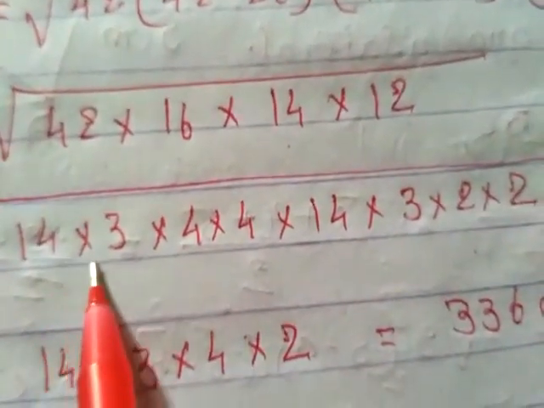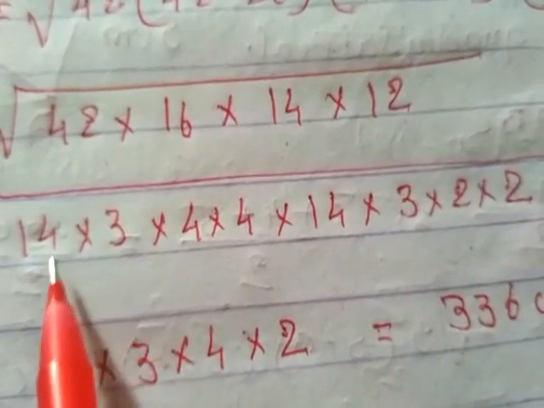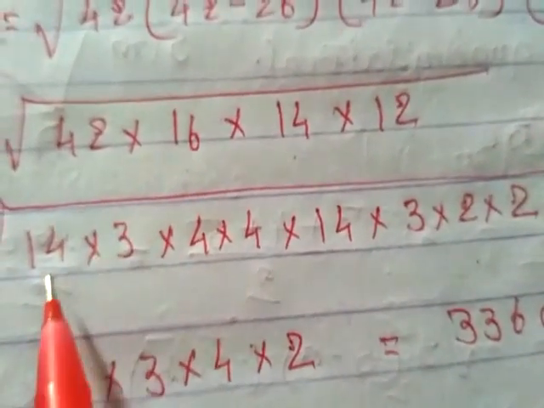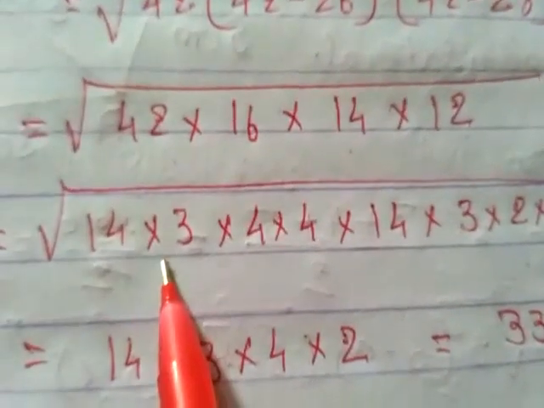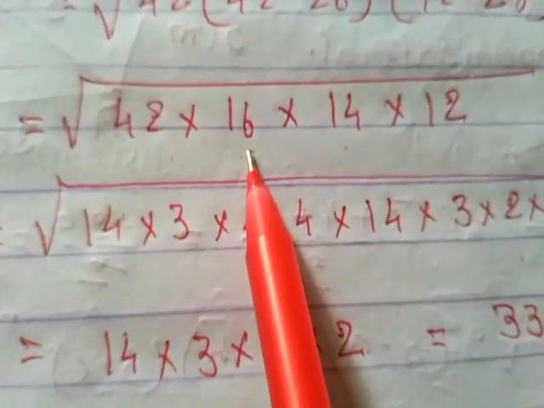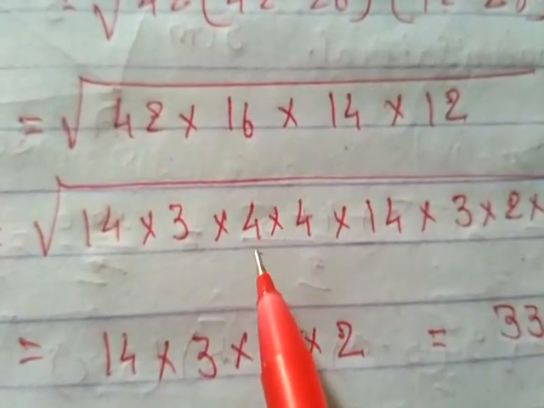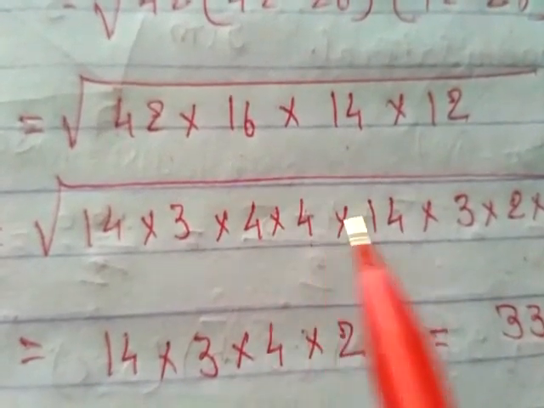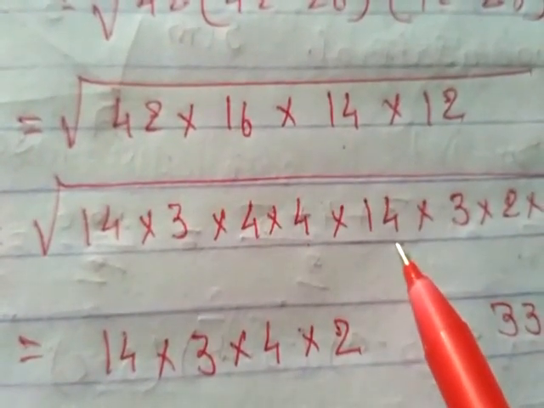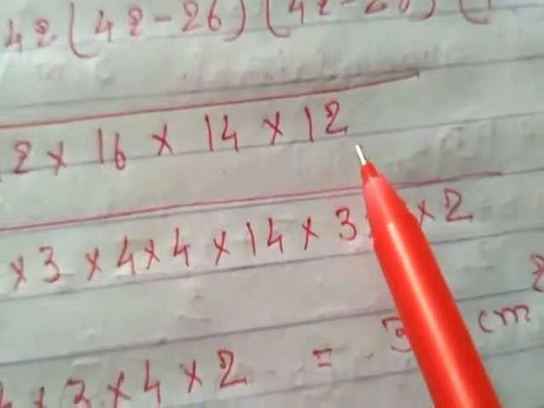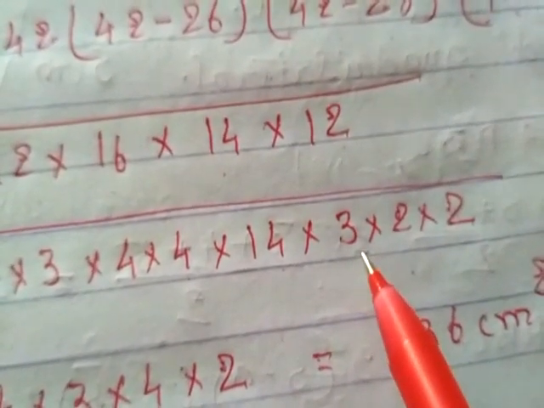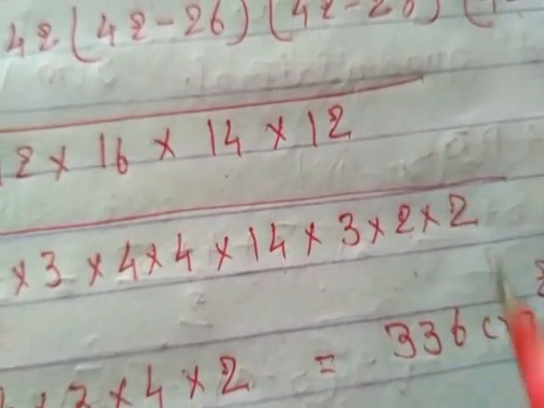So now pairing the numbers lying within the square root, 42 can be written like 14 into 3, 16 can be written like 4 into 4, 14 as it is, and 12 can be written like 3 into 2 into 2.